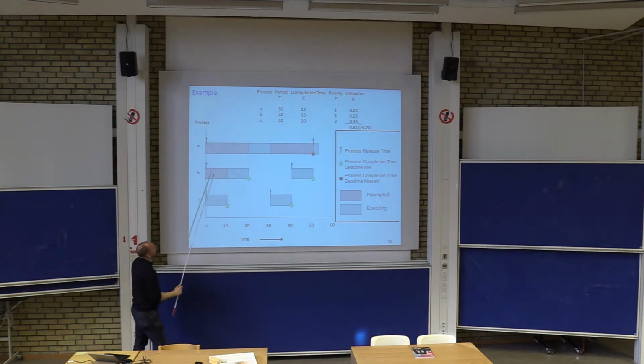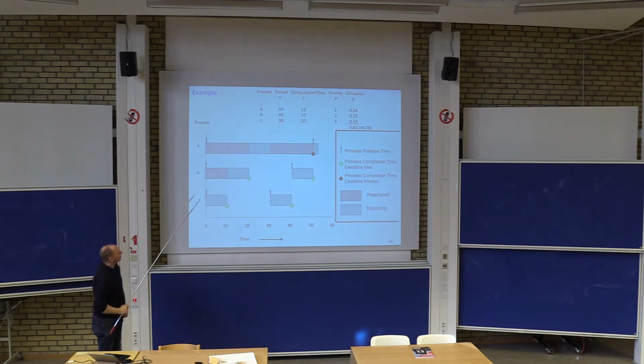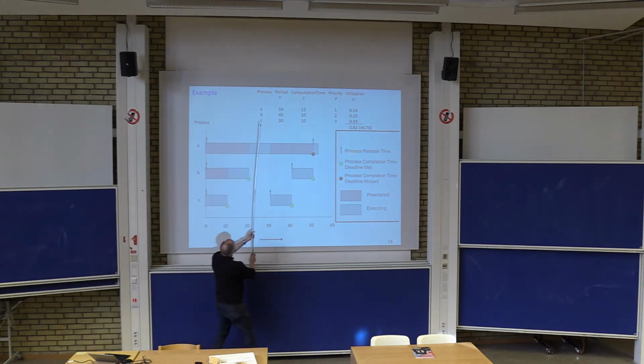And now task A can start to execute. But if we look at task A here, it took 12 time units to complete. So here, 30 time units have elapsed.